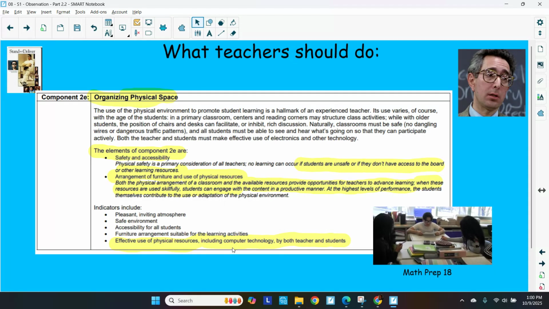I got these nice, strong kids, and they would do that. So that was my system. Now that everybody has a computer, the only thing I need is surge suppressors so they all can plug in from where they're at. And there's my Math Prep 18, good show to see.